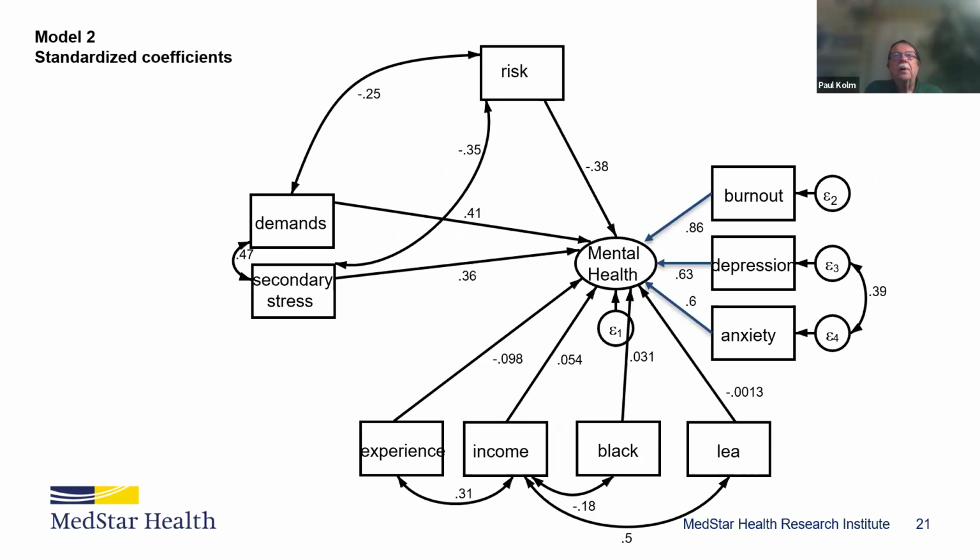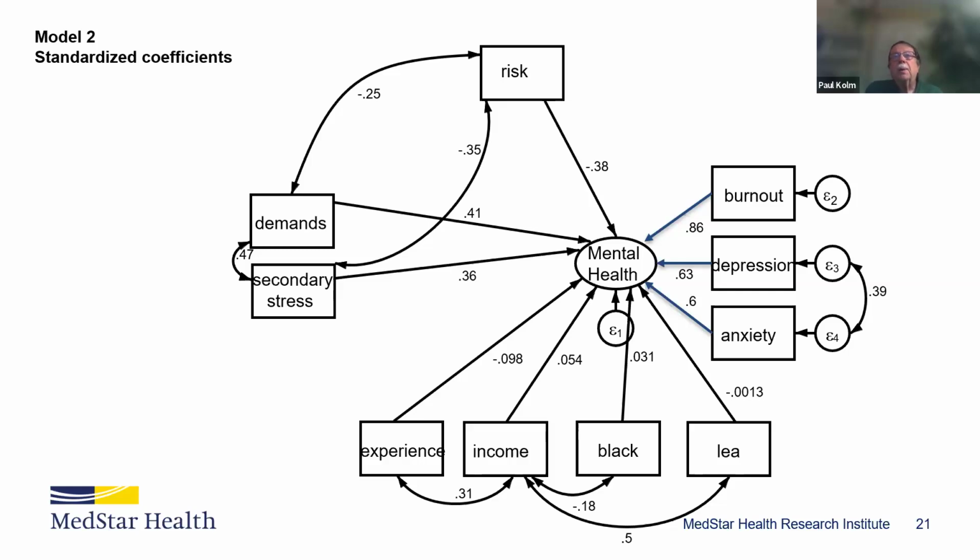And so here's another model where we've adjusted some of the variables that directly influence mental health: demands, secondary stress, and risk. And then we're suggesting that there's an interaction between demands and risk, secondary stress and demands, and secondary stress and risk.